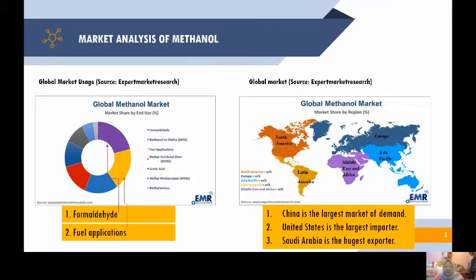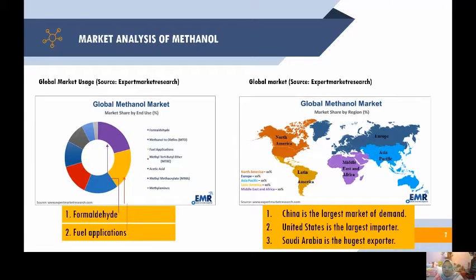So for global market usage, methanol is commonly used as the chemical feedstock to produce formaldehyde, and secondly, it is applied as a fuel application to produce better quality vehicle fuels.